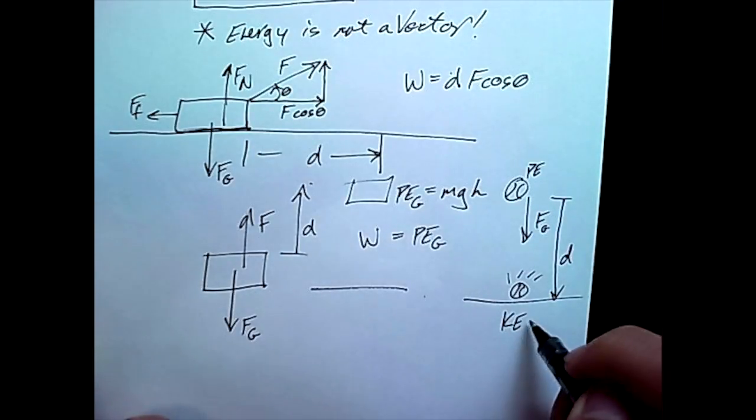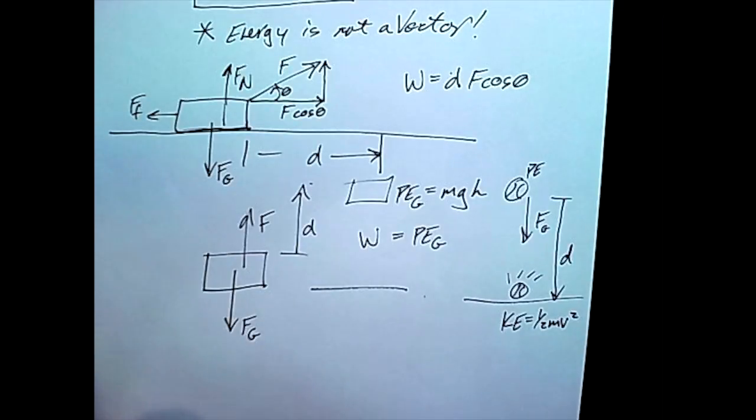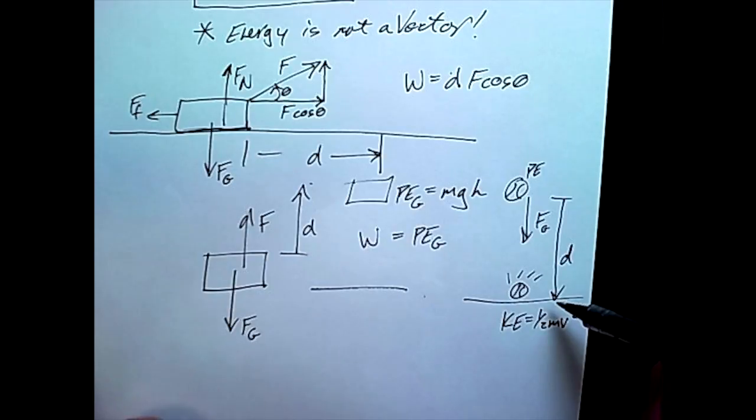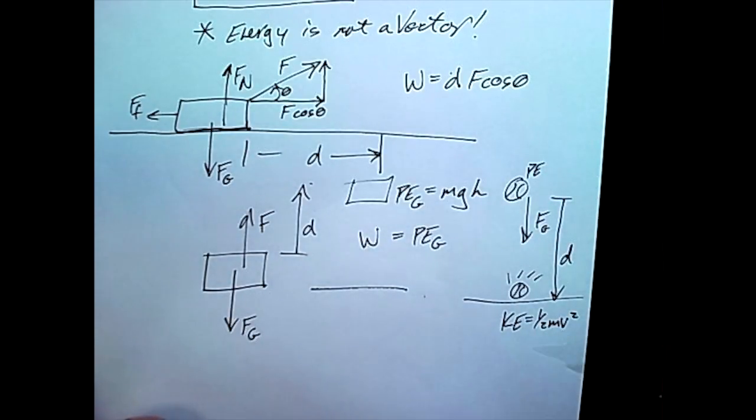KE is 1/2 mv squared. In this case, the work done by gravity is what causes the potential energy to transform into the kinetic energy at the bottom.